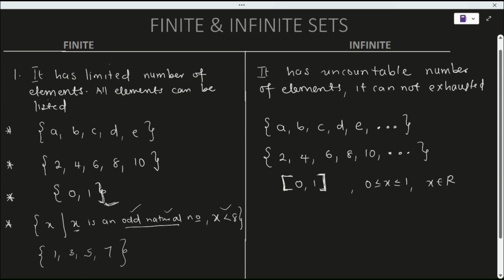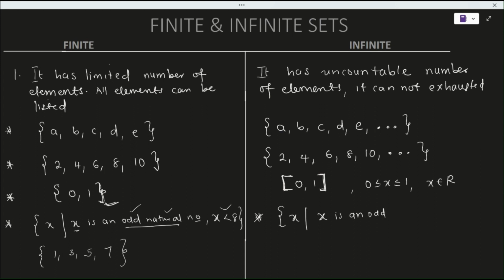All right. So let's write this example a little bit differently. Let's write it as x such that x is an odd natural number. This remains. But now let's say x is greater than or equal to 8.